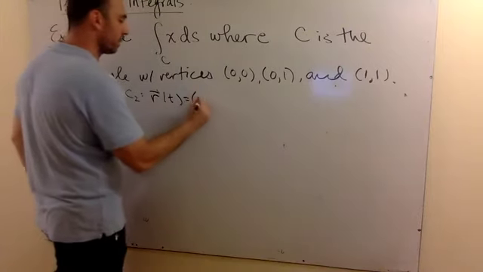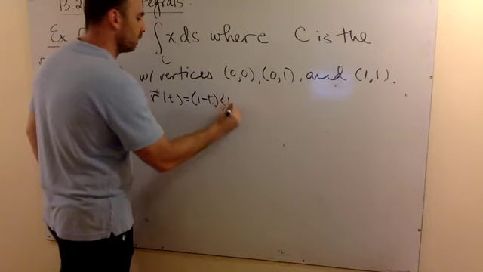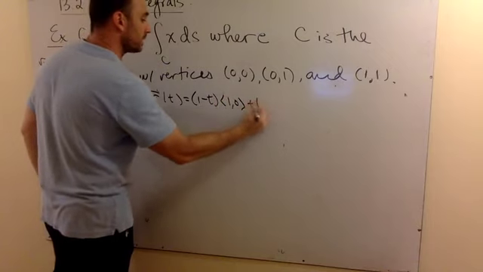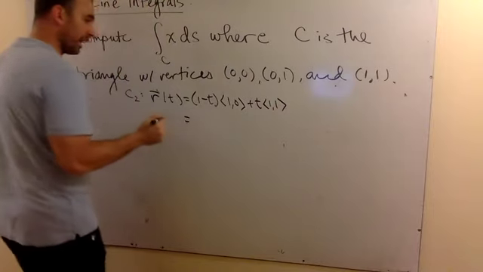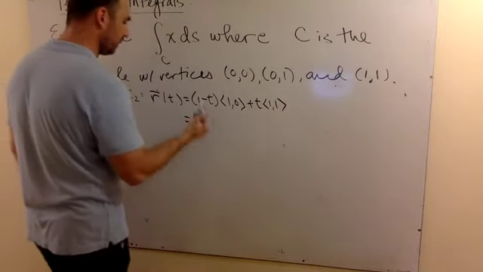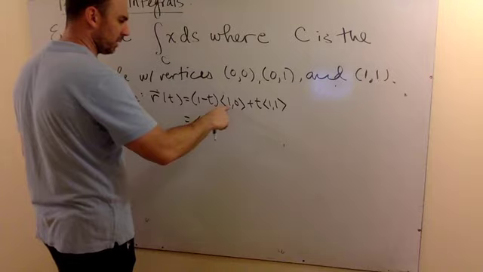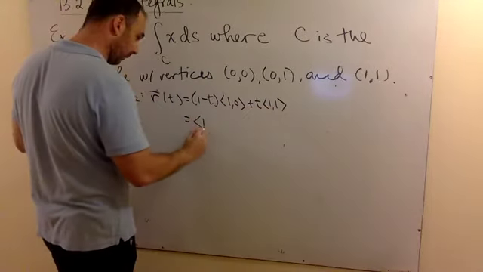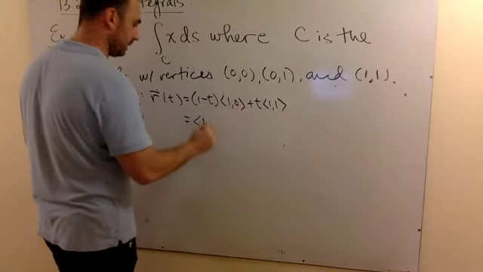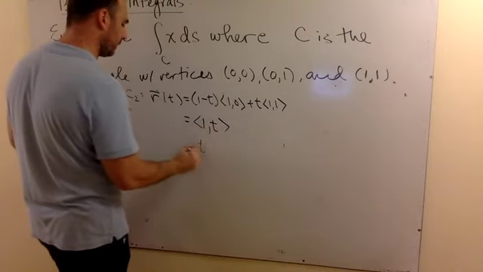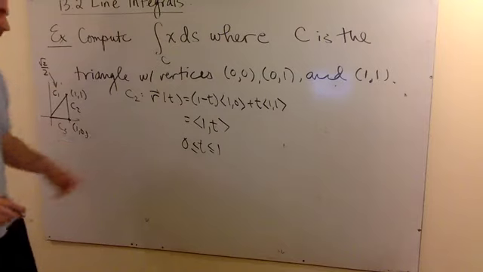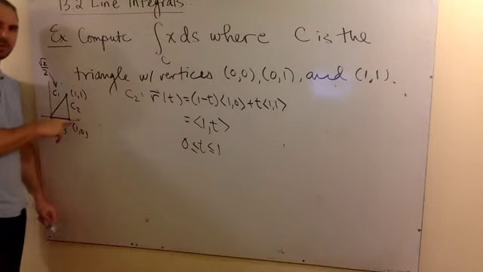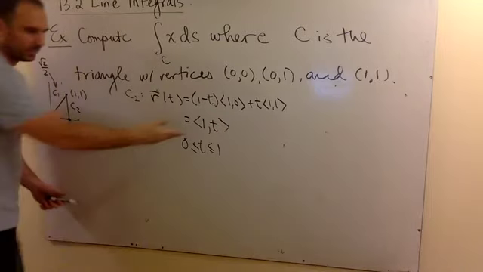So I do (1 minus t)(1, 0) plus t(1, 1), and when you combine everything there, of course this makes sense, you get 1 minus t plus t, that's 1, and then I get t. And t ranges from 0 to 1. When you work enough of these, you get good at this, and you just realize, well, here I'm going to let x equal 1, and then y will go from 0 to 1, which is basically what we did here.